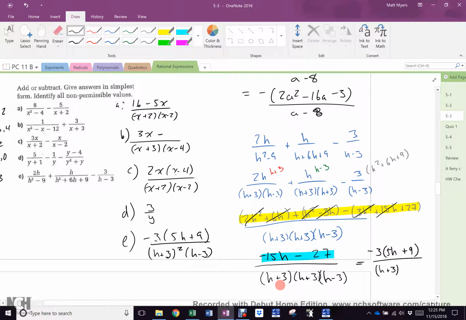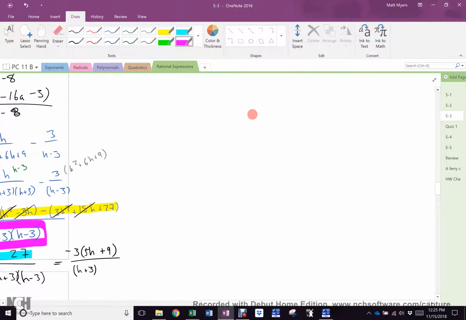Lucas, why did you take the h plus 3, h plus 3, and h minus 3? How did I make this? Okay. I need a common denominator, so I need to have every single denominator represented. All right? Just like if I had 8, 7, and 12, I could have my denominator 8 times 7 times 12, right?